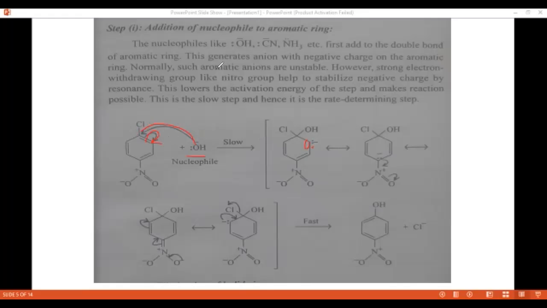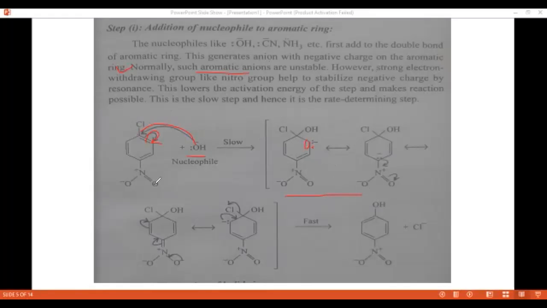This generates an anion with the negative charge on the aromatic ring. Normally, such aromatic anions are unstable.